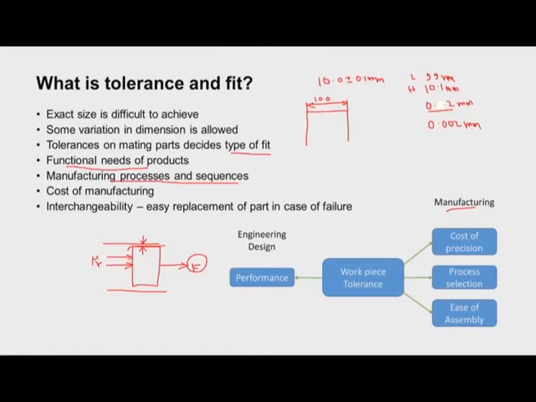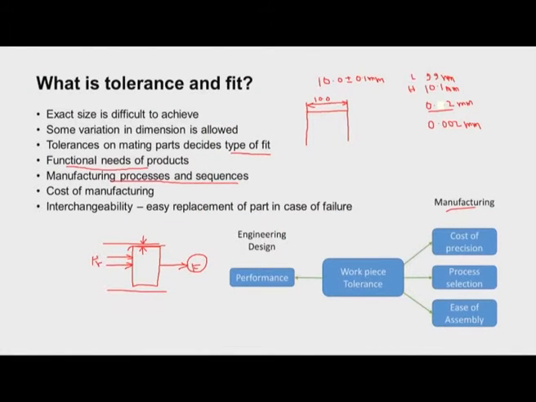Workpiece tolerance will affect what is the process that is to be selected. Depending upon whether it is tight tolerance or loose tolerance, we can select whether turning is okay or fine grinding is okay or lapping is okay, like that. And it also affects ease of assembly. If the tolerances are very tight, then assembly time required will be more. If it is loose, it can be very easily fitted, so that the assembly time will reduce.